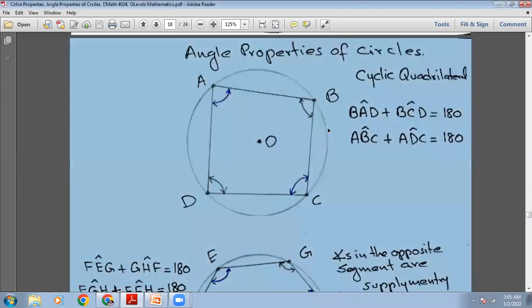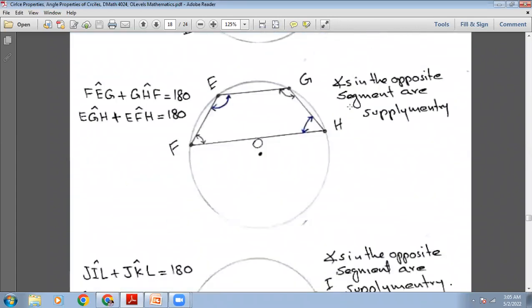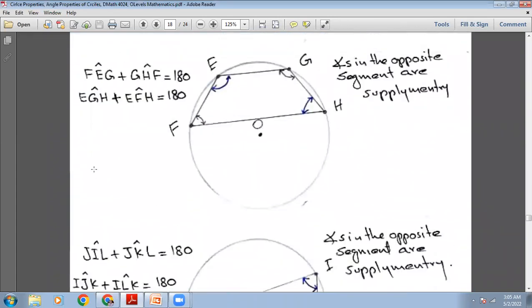So let's do another example, and here we go. Here you can see on your screen, quadrilateral EGHF is shown, and this quadrilateral is called a cyclic quadrilateral. The reason is its four vertices are on the circumference, and so the angle E and the angle H are diagonally opposite to each other.